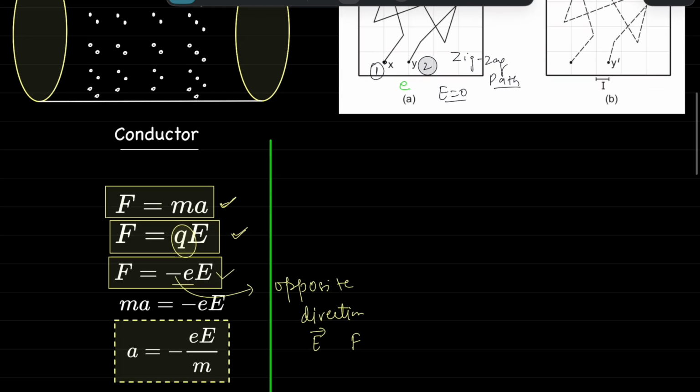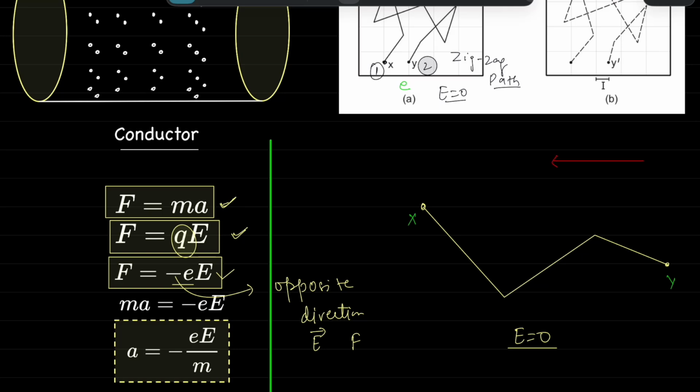Suppose we have an electron and this electron is randomly moving. This is when no electric field is present. This point is our starting point and this is our ending point. What will happen if this same system, the same electron motion or zigzag path, now comes under the electric field?